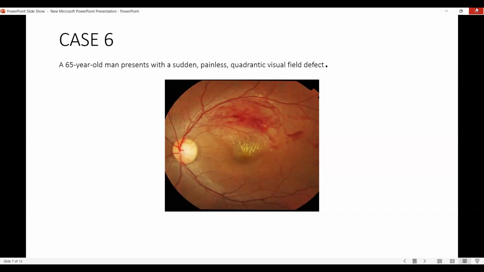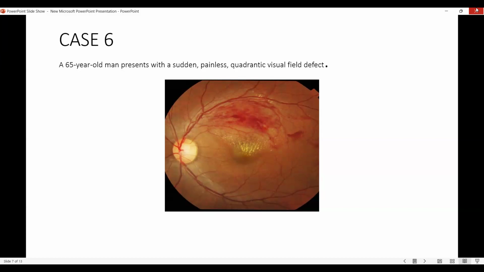A mild tortuosity of the vessels can be seen, and there is a superficial hemorrhage seen in the superotemporal quadrant with exudates seen towards the macula. There is a mild SRF collection seen towards the macula with a superotemporal superficial hemorrhage.